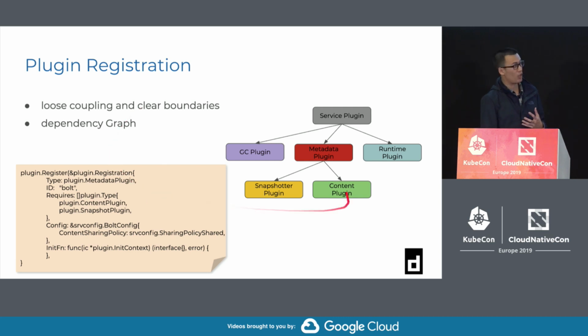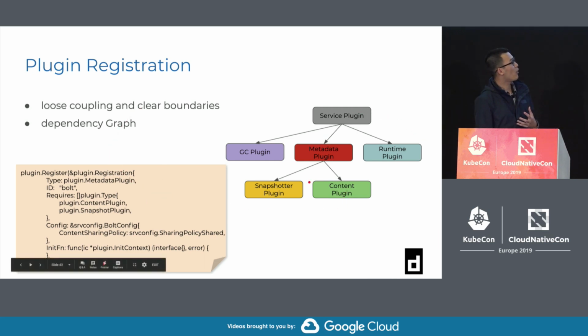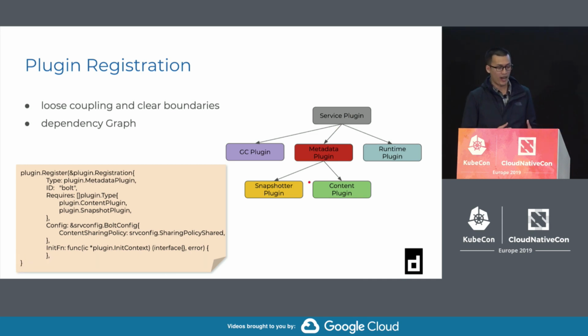Look at this picture and this area. We can see the metadata plugin requires the snapshot plugin and the content plugin. But the metadata plugin doesn't need to know the implementation of the snapshot and content plugins. The plugin itself is represented by very stable interfaces.